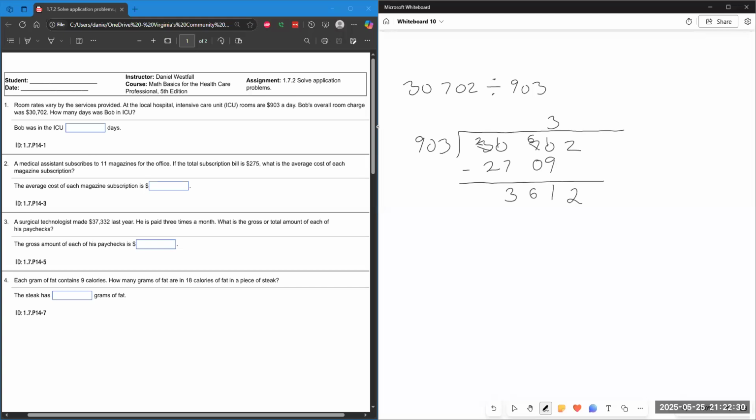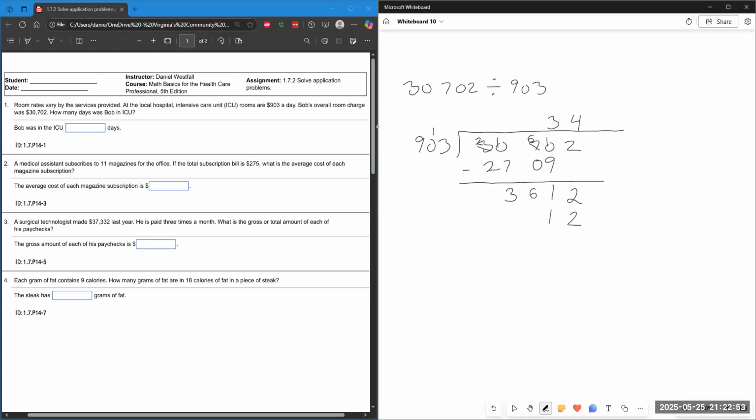Now let's try 4 times 900 is 3,600. That's pretty close. In fact, I think that's exactly right to put 4 there because 4 times 3 is 12. 4 times 0 is 0 plus 1 is 1.